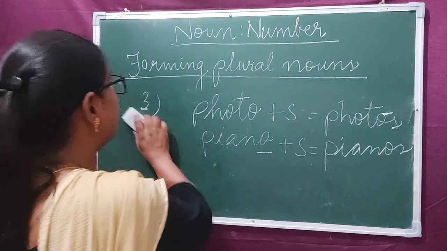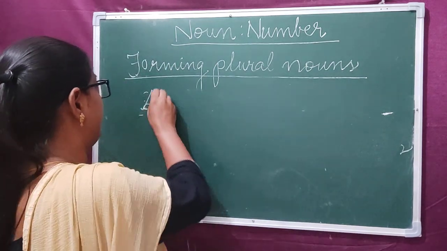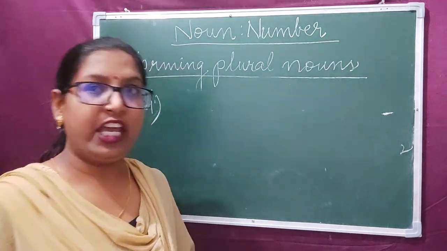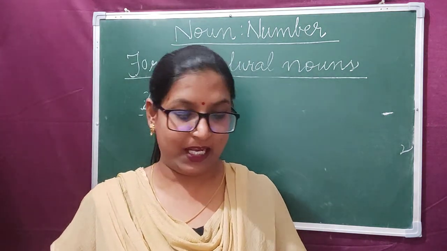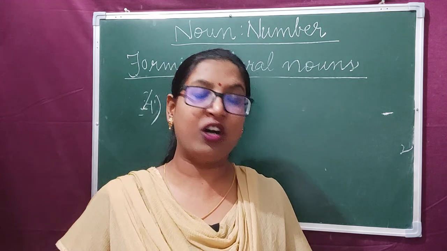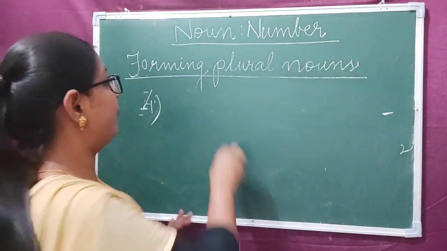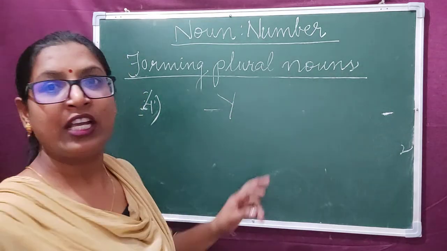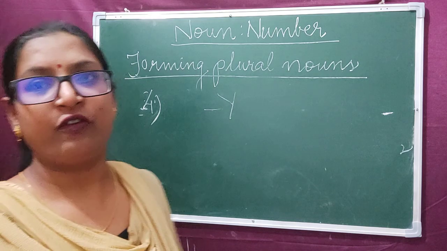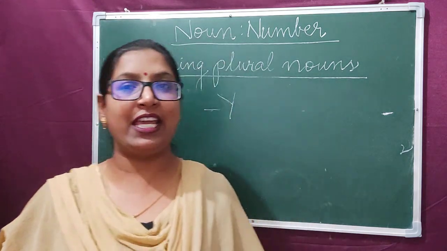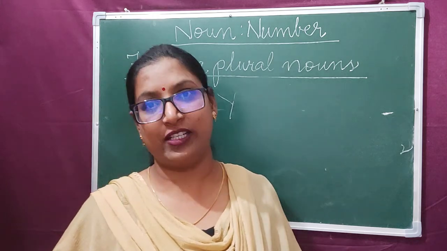Now, the next rule is rule number 4. If the last letter of a noun is Y and there is a consonant before the last letter, if it is ending in Y and before Y any consonant comes, we know there are 5 vowels, A, E, I, O, U, and rest all the letters are the consonants.